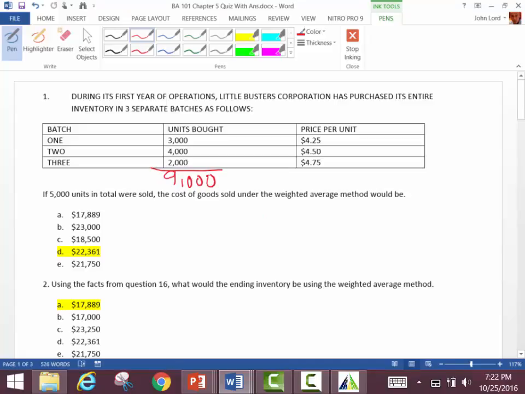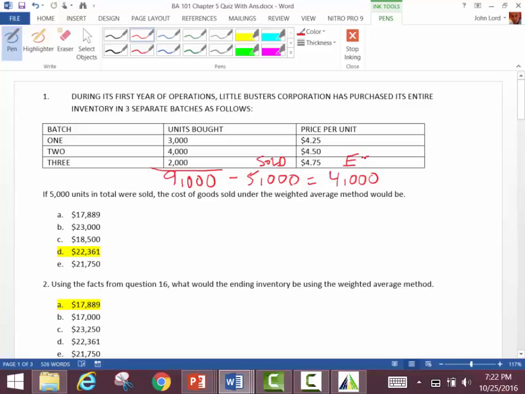And how many did they sell? They sold 5,000, didn't they? So this is almost like that question, just a little bit different, right? In the other one, we sold 4,000 and ended up with 5. Here, we sold 5,000 and we're going to end up with what?